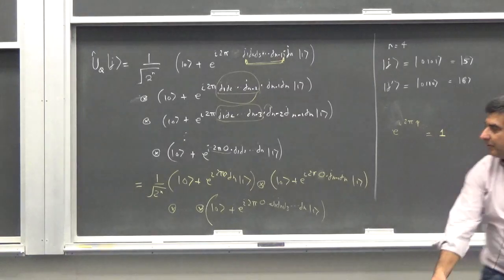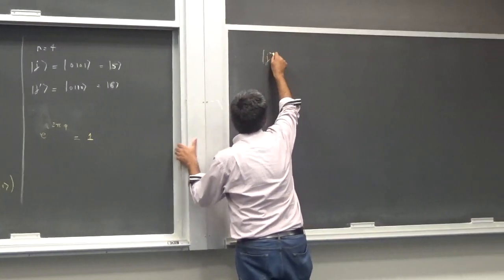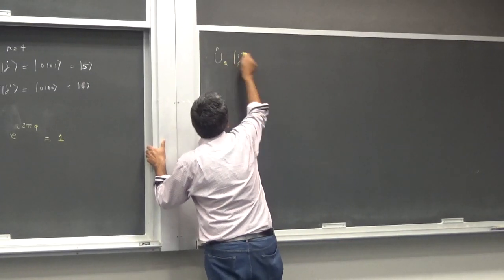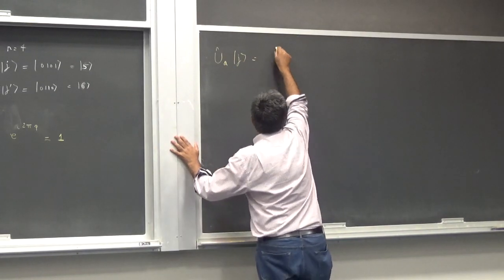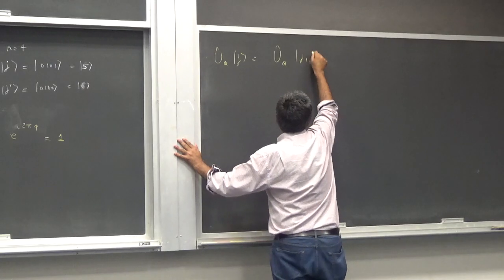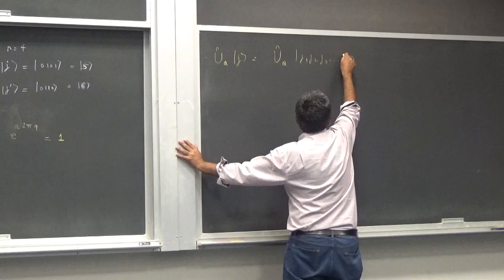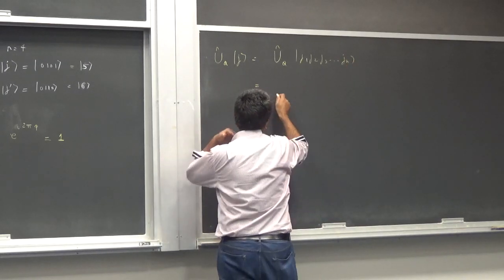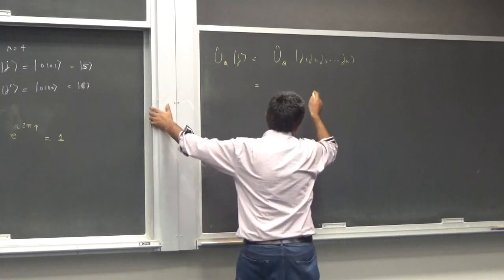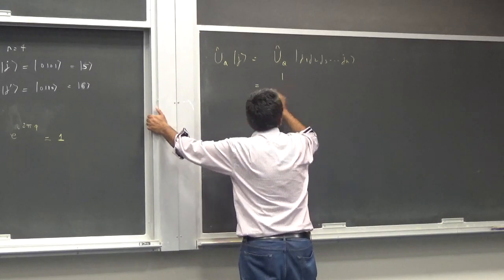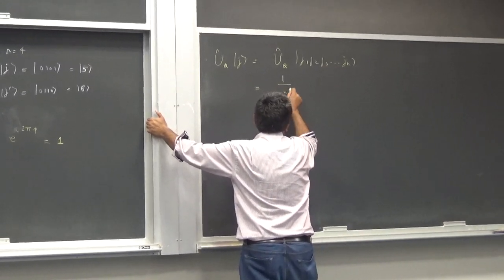This is what the quantum Fourier transform really does. It takes an input state ket j, which is really a sequence of j1, j2, j3 and so on up to jn, and out of this it creates a tensor product of states given in the following form.